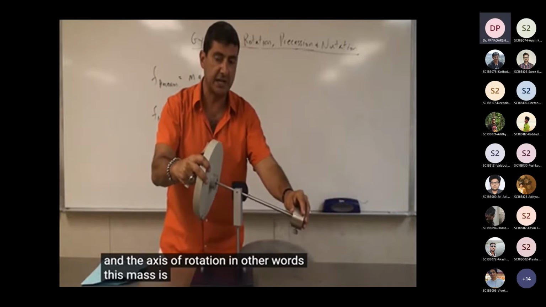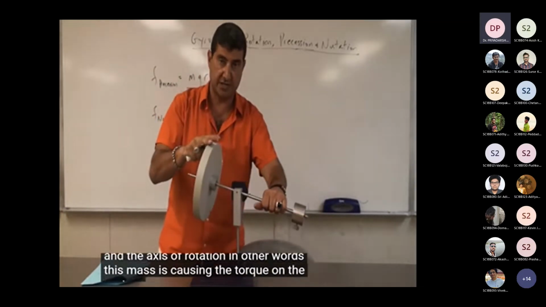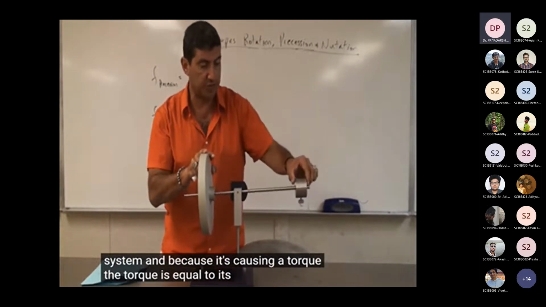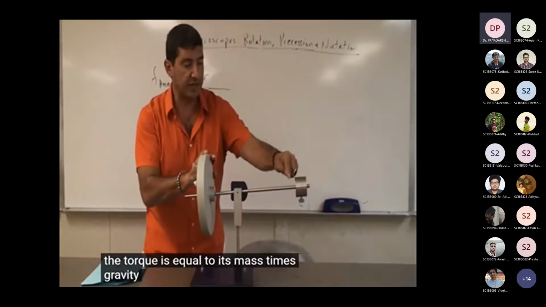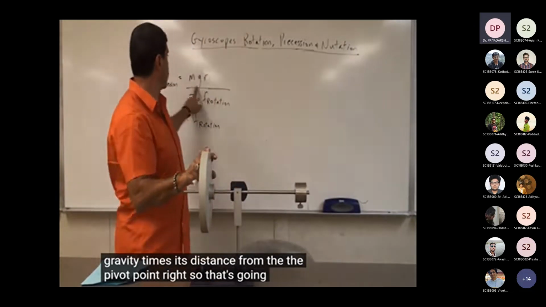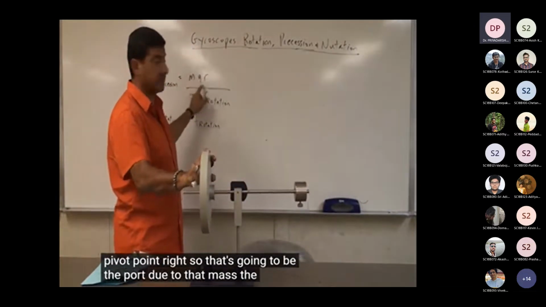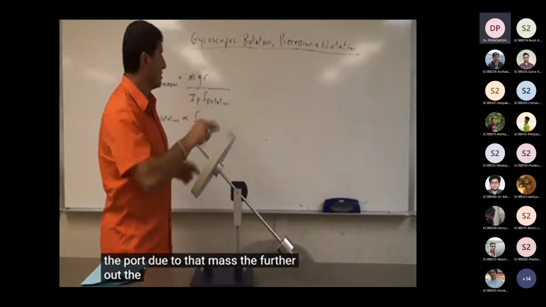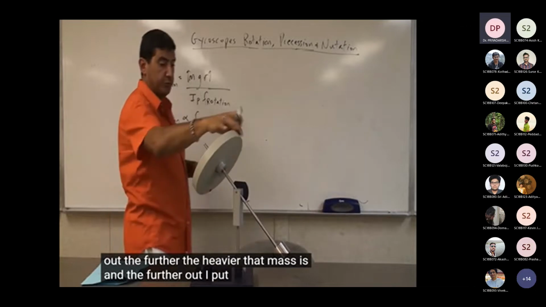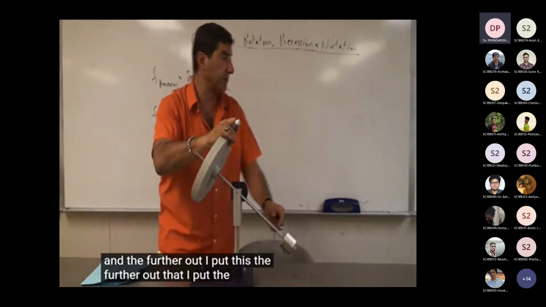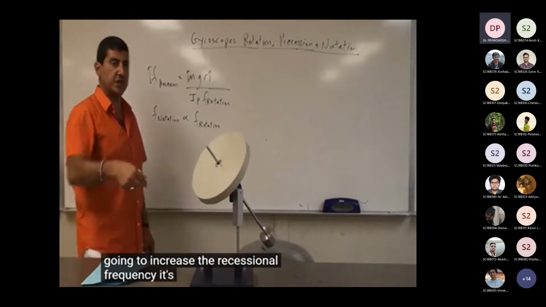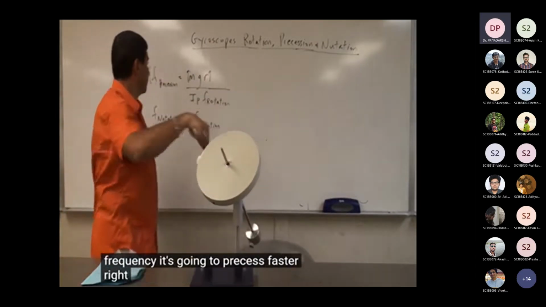In other words, this mass is causing a torque on the system, and the torque is equal to its mass times gravity times its distance from the pivot point. So that's going to be the torque due to that mass. The heavier that mass is, and the further out I put it, that's going to increase the precessional frequency. It's going to precess faster, right?